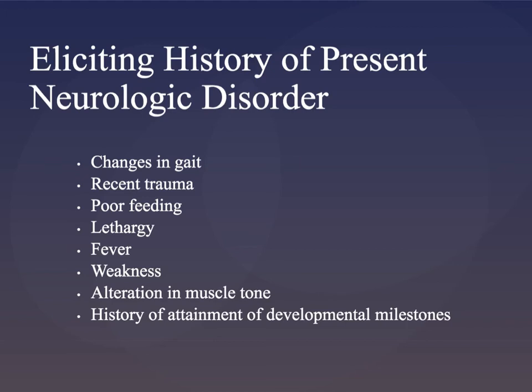So when we are taking care of a patient that we think has a neurological disorder, we need to be observing for all sorts of different things. We need to find out what changes in their gait they're having. Are they having recent trauma?